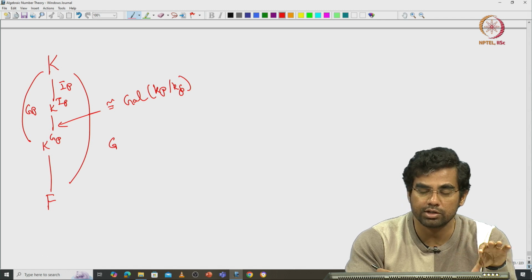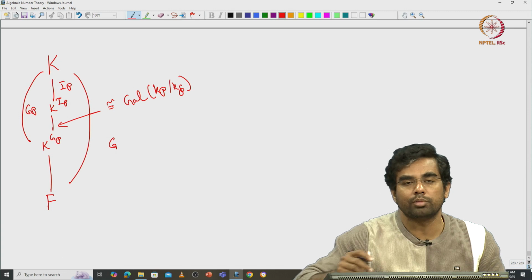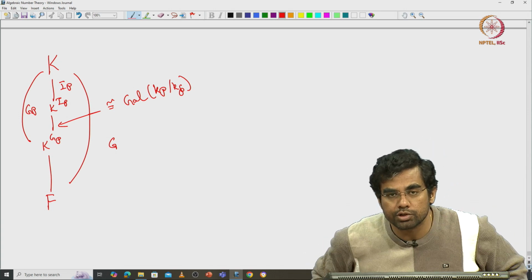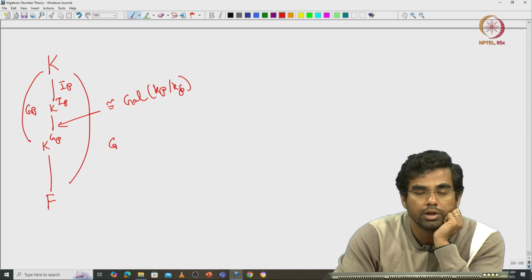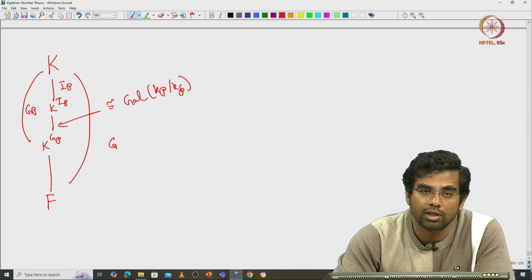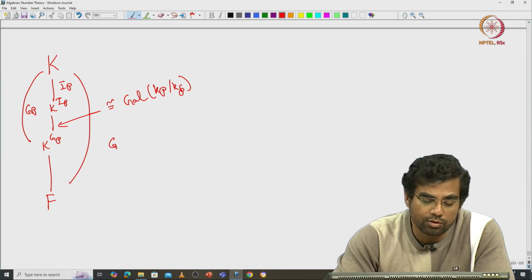We will study the inertia subgroup, and then we will study the quotient of the decomposition subgroup by the inertia subgroup. And we know that this quotient is a Galois group of a finite field. So it is cyclic, and we can answer many questions about it.